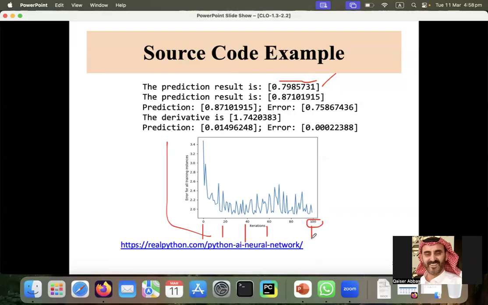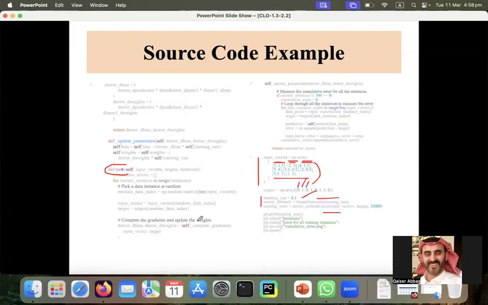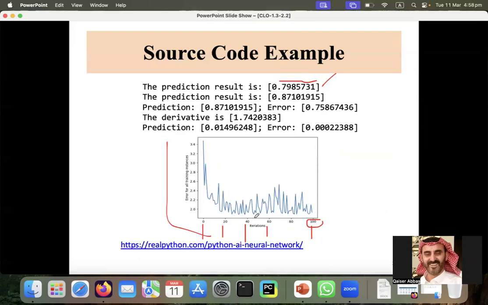Let's check that. Anyway, this is the scale: this is equal to 1,000, then 2, 4, 5, up to 10,000.